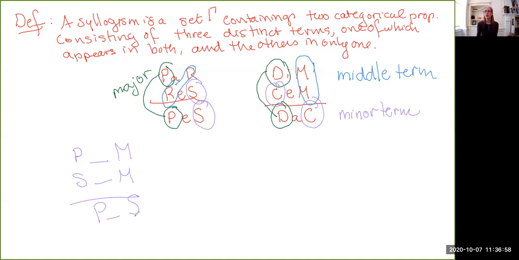And then as a convention, we will always write the premise that contains the predicate of the conclusion first. So we will call this one the major premise and this one the minor premise, because the first one has the major term in it and the second one has the minor term in it.